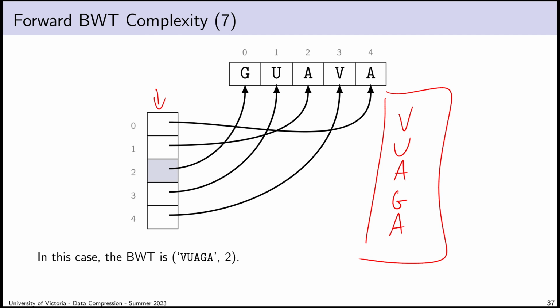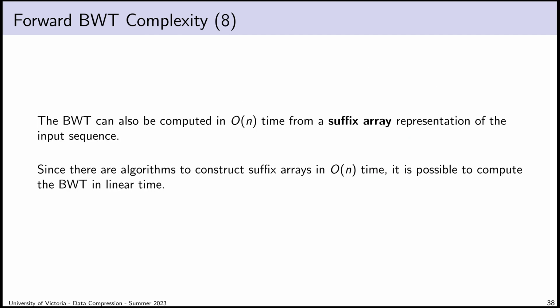It turns out you can compute the BWT in linear time using something called a suffix array. Suffix arrays are really interesting. There's a related thing called a suffix tree, and they're sort of interchangeable. You can go from one to the other pretty quickly. That's a topic that could eat up like a month of an algorithms course. I don't have a month to spend on that, as much as I might want to.